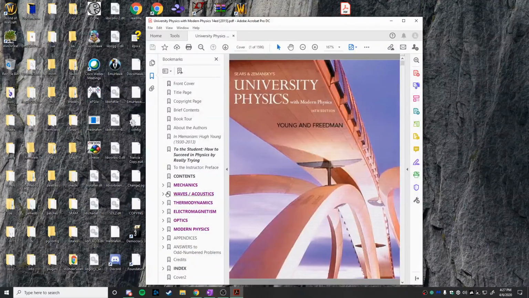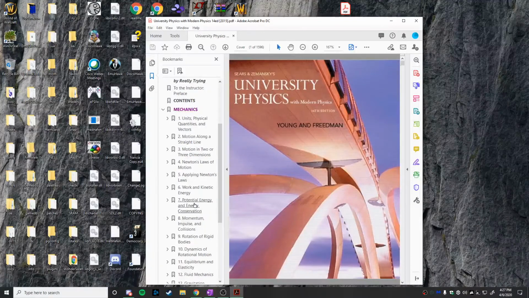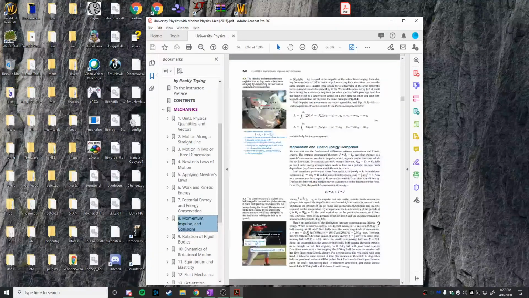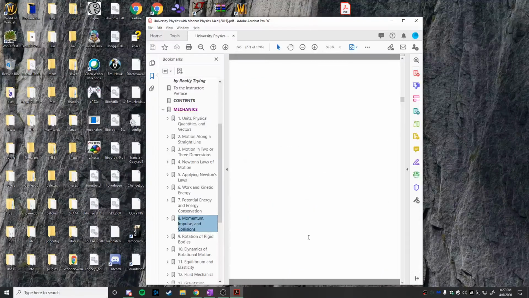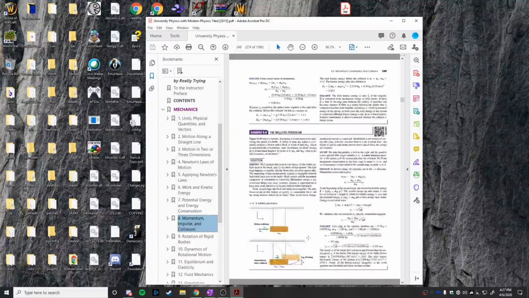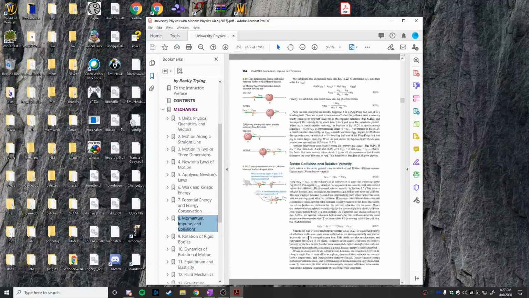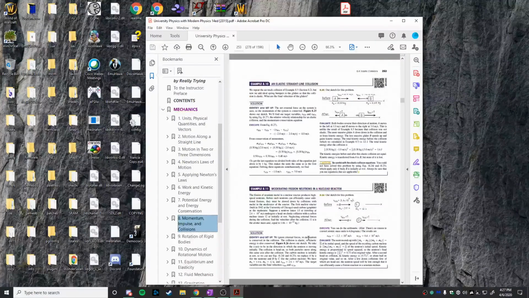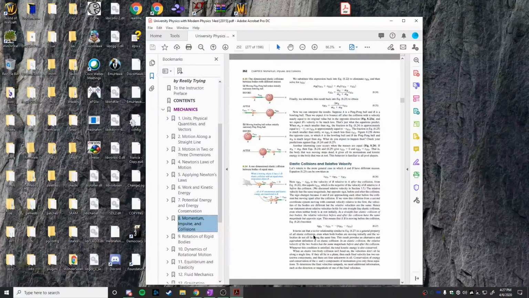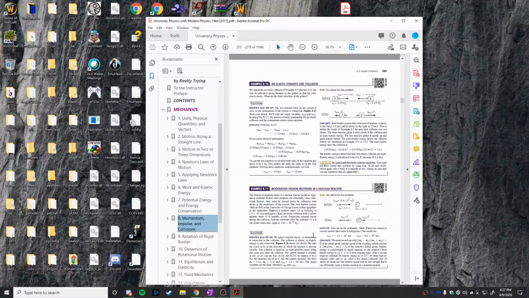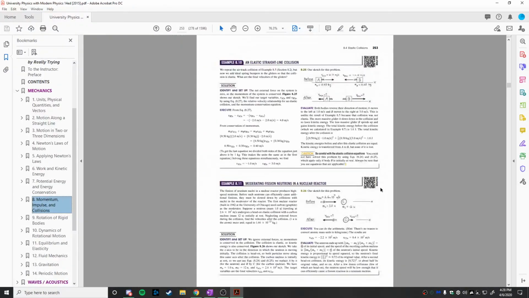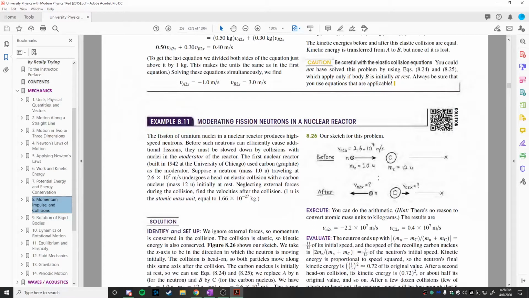The problem I want to do is this one. You could really do either one of these, honestly. Let's do this one. This one's kind of more fun. So this is the problem we want to do. I'll put it into the document too, so you guys can have closer access to it.